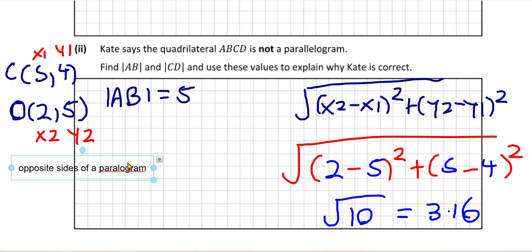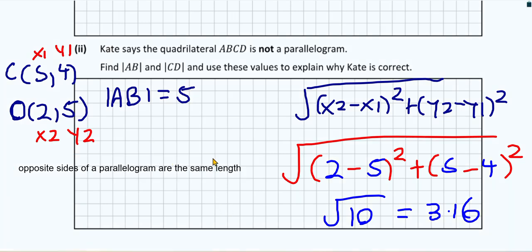Parallel, with 2 L's as well. It's actually on the question, isn't it? I have no excuse. Opposite sides of the parallelogram have the same length. So that's why. Is that okay?